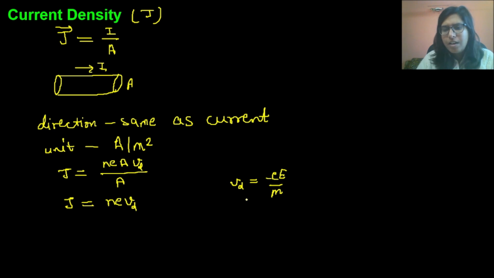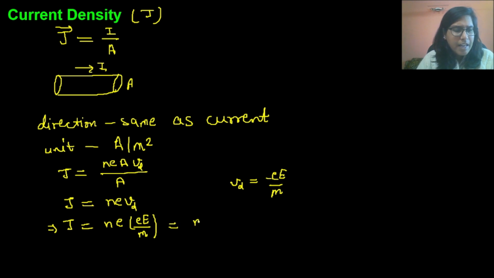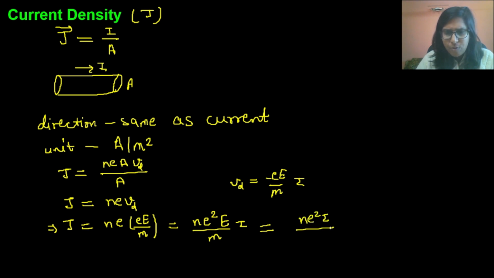If we write this, and don't consider the negative sign, then J equals n into e square into tau E by m, and we can write this as n e square tau upon m into E. This can be written like this: sigma into E.